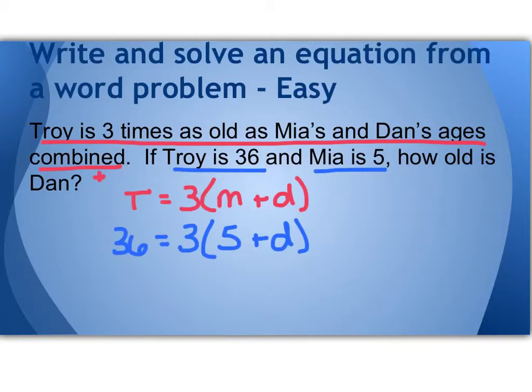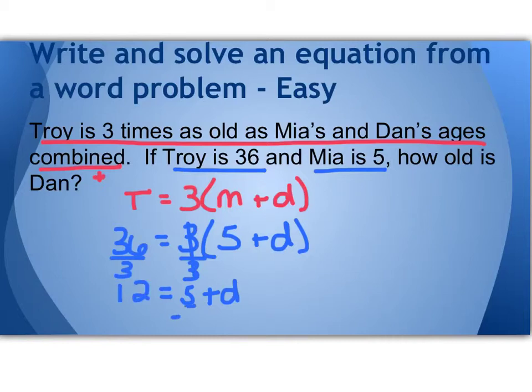Think about it. Is it worthwhile to divide the 3 out first? Does 36 divided by 3 give you a nice number? And it does. So I'm going to divide by 3 first. I'm left with 5 plus D equals 36 divided by 3 is 12.